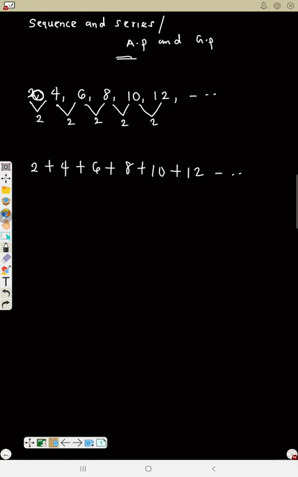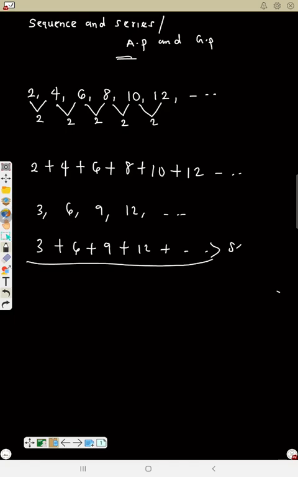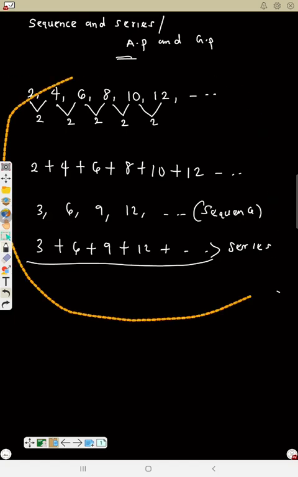So instead of saying 3, 6, 9, 12, we will say 3 plus 6 plus 9 plus 12. So anytime we use plus to separate the numbers, it is a series. Anytime you use a comma to separate them, it is a sequence. This one is not workings, but at least know the difference between series and sequence.